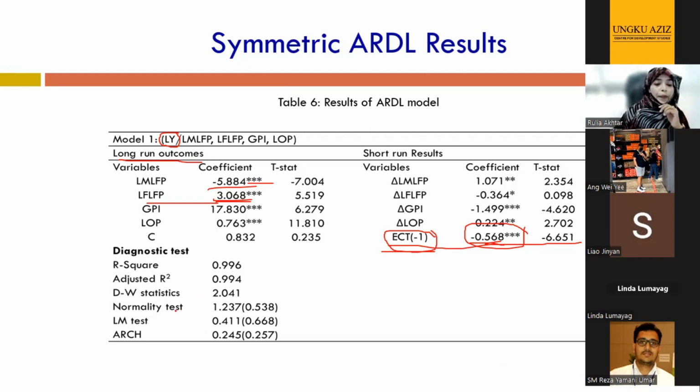Okay, the normality test we have already mentioned here. This is the serial correlation test. We did all the things here. And the Durbin-Watson value, most of the time, is almost 2.